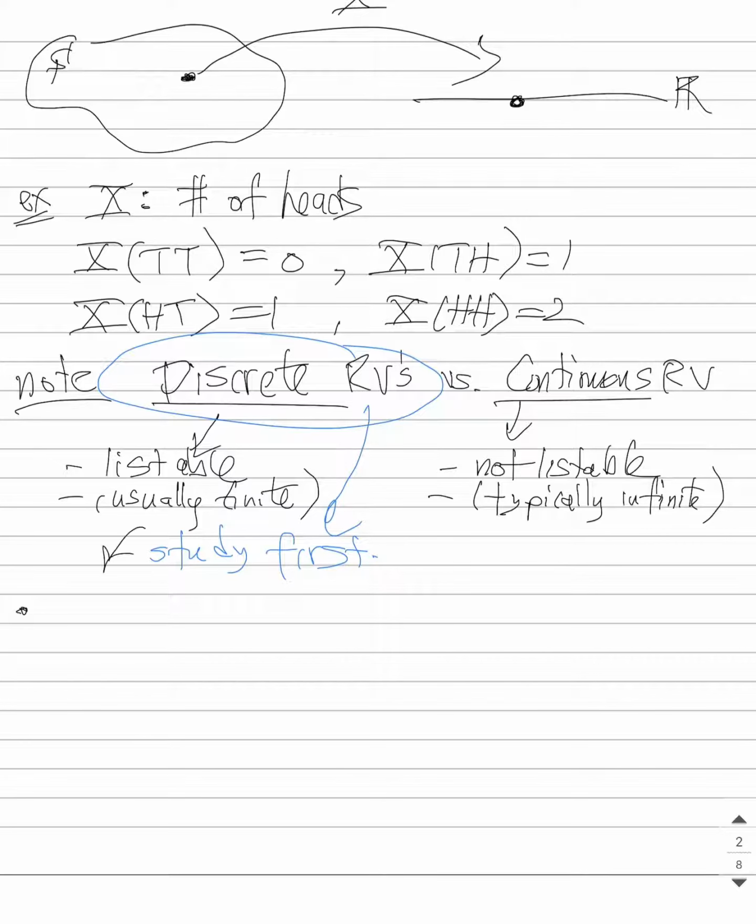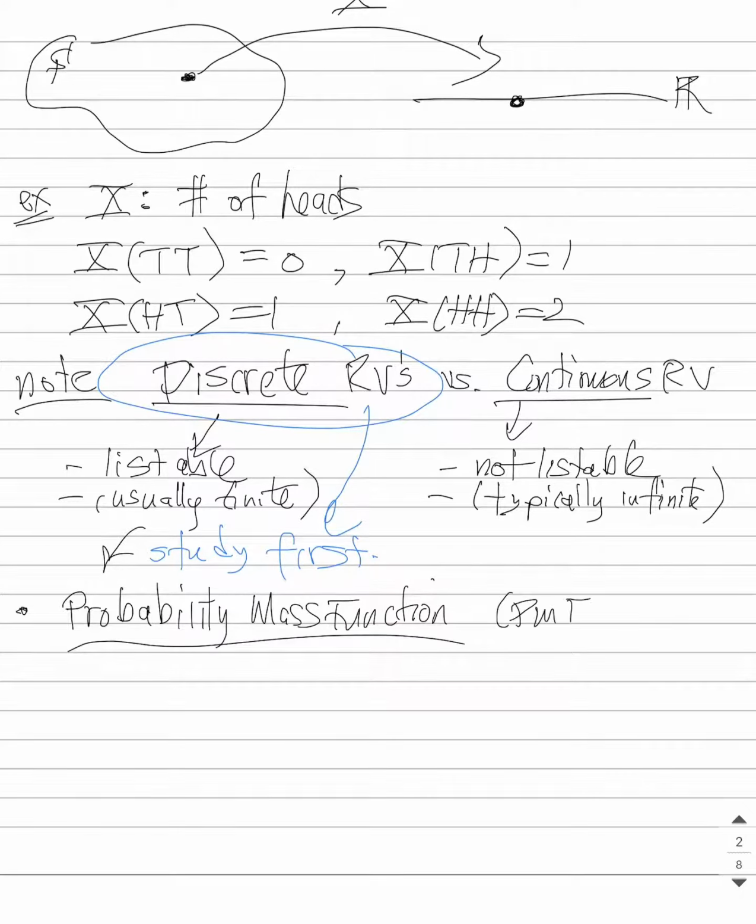So in the context of discrete random variables, the next important idea is something called a probability mass function, which I'm going to abbreviate as a PMF. So a probability mass function is essentially a piece of information that tells you everything about all of the outcomes and their probabilities.